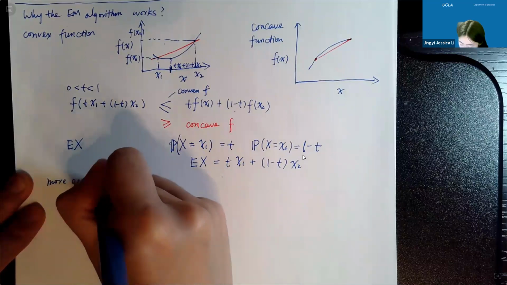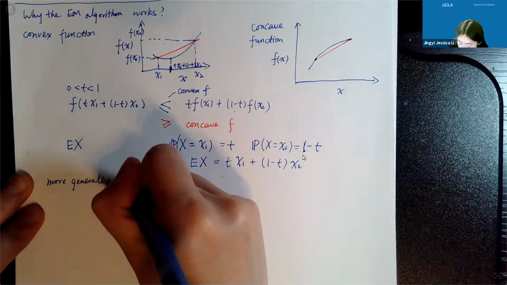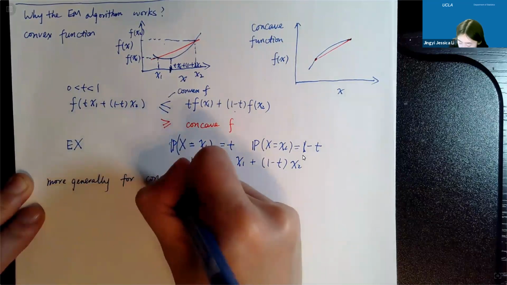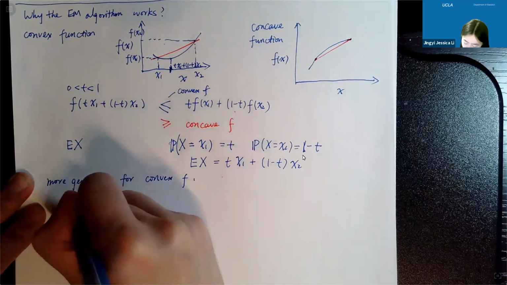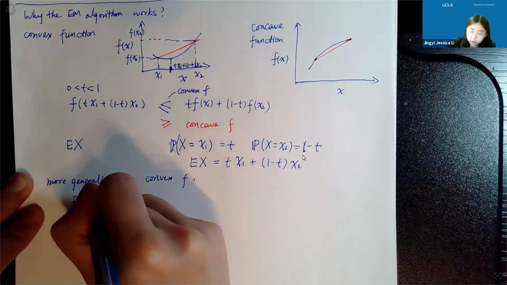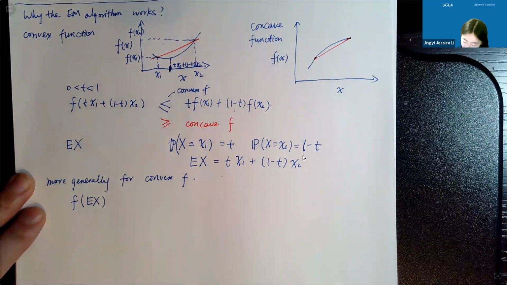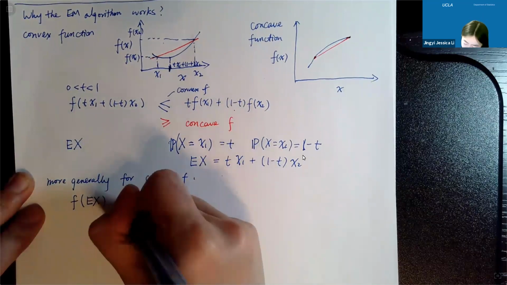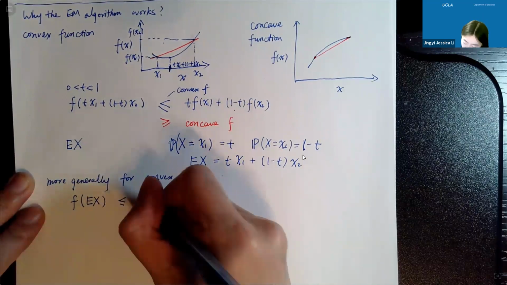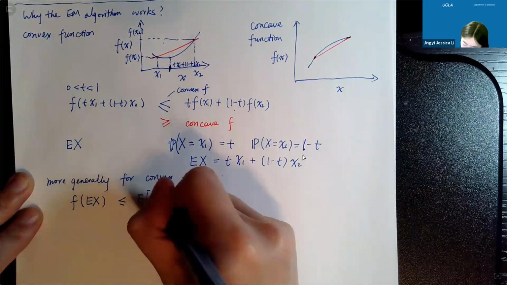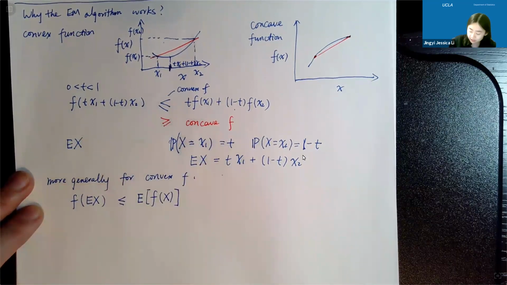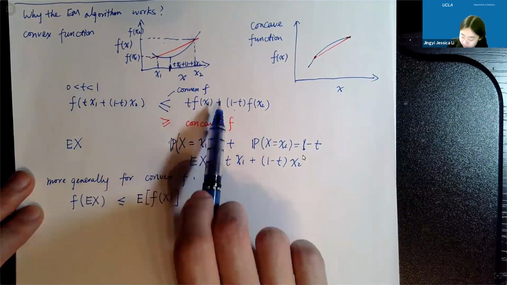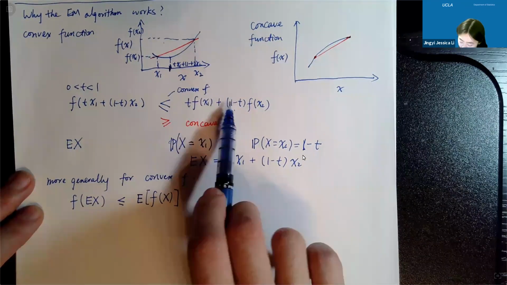So then more generally, we have this result for a convex f function. That is, a function applied to the expectation of a random variable is less or equal than the expectation applied to f(x). The reason we see this is also if you look at this part, right? What's the expectation of f(x)?